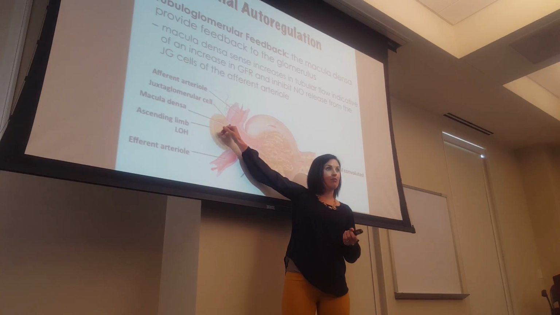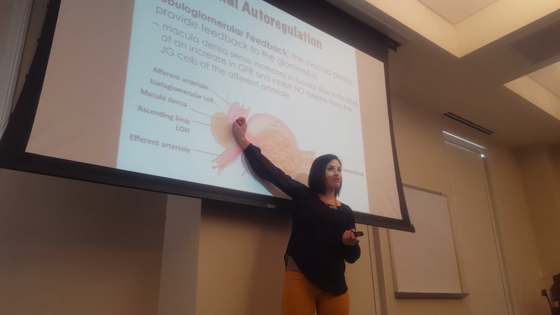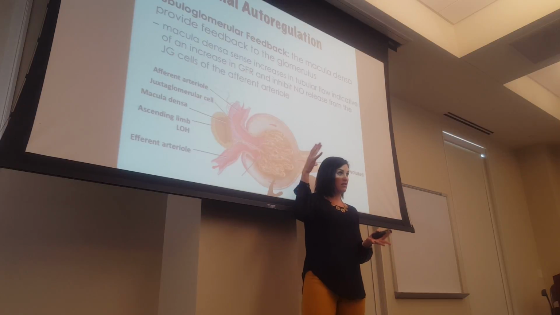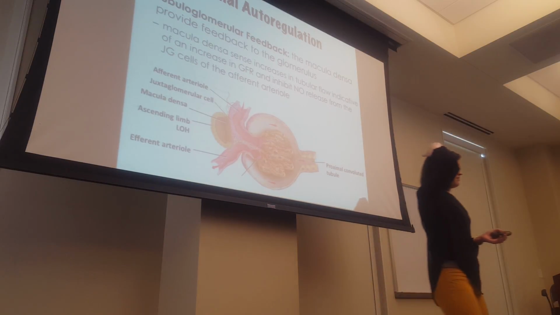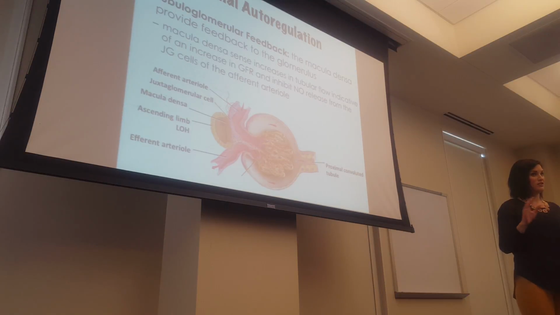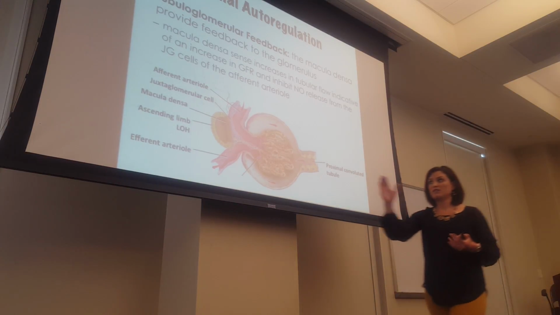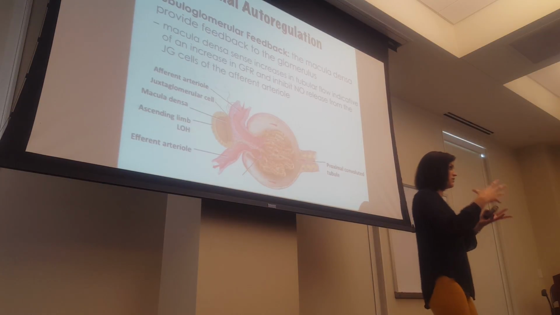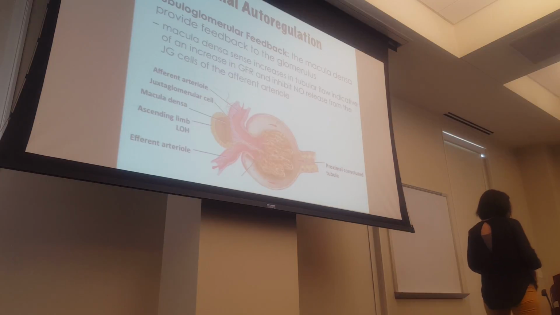They will inhibit nitric oxide release. So now you're releasing less of the vasodilator and the vessel gets smaller. And then less sodium will flow through, which is better for reabsorption. Any questions? And obviously if flow is normal, that signal won't be sent and nitric oxide will continue to be released and the vessel will stay like this.